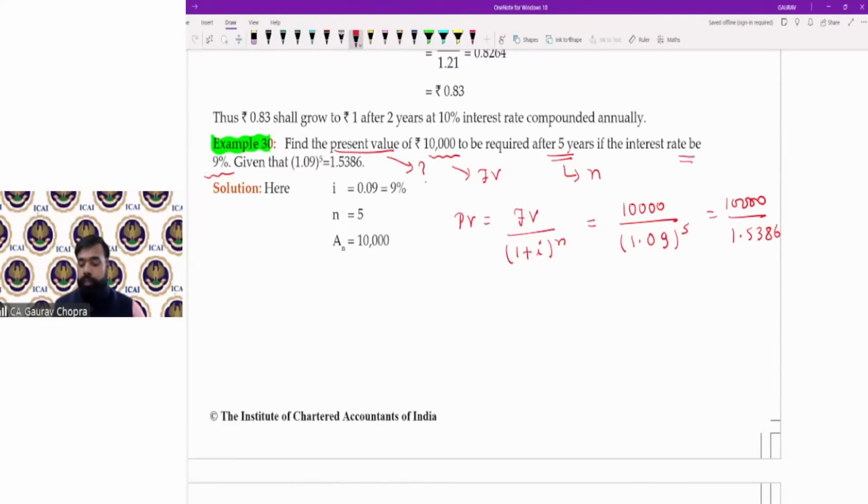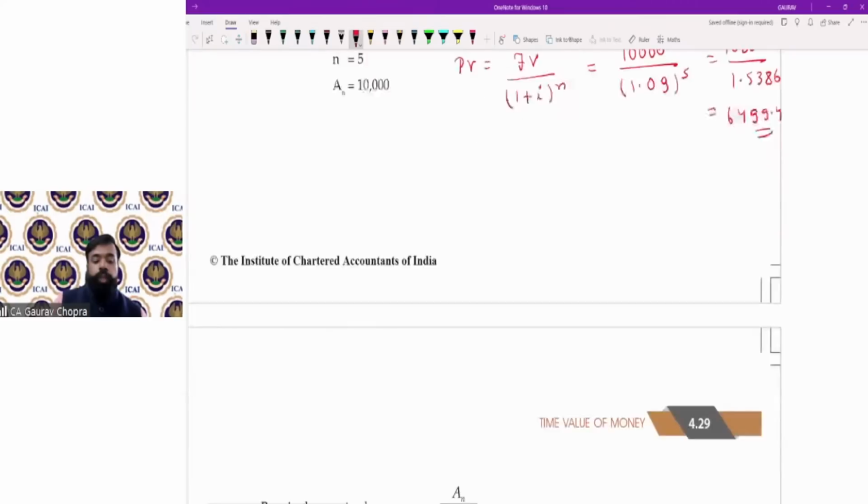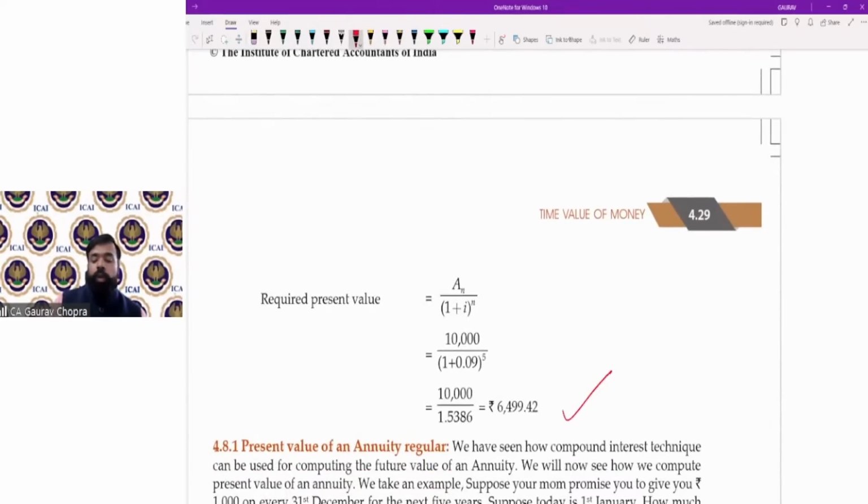So 10,000 upon 1.5386. You are getting 6499.4. Yes. So this is your answer. So in this way, you can easily calculate your answer. All right. Understood, everybody?